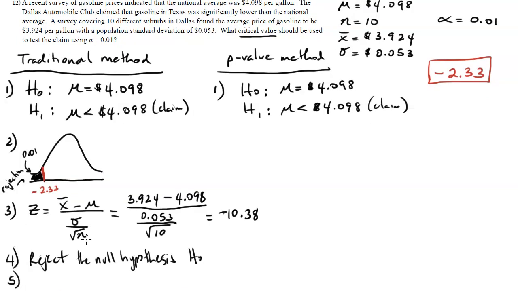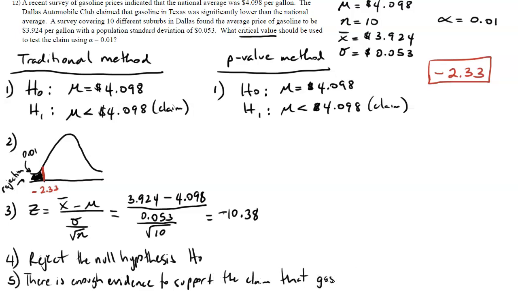And here's our last step. Tell what's happening. Now, because we're rejecting this null hypothesis, we can say, okay, there's enough evidence to support the claim that gas in Texas is significantly lower than the national average.